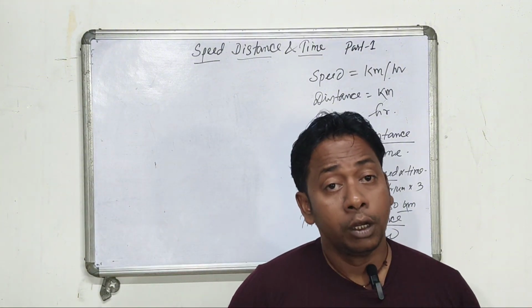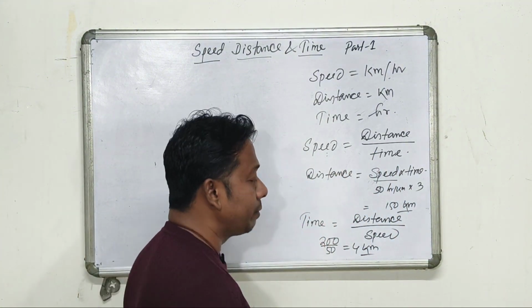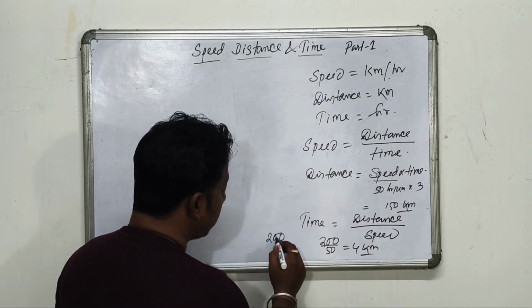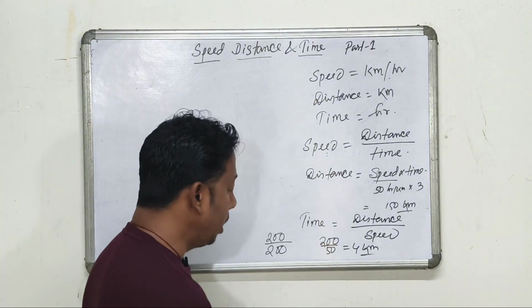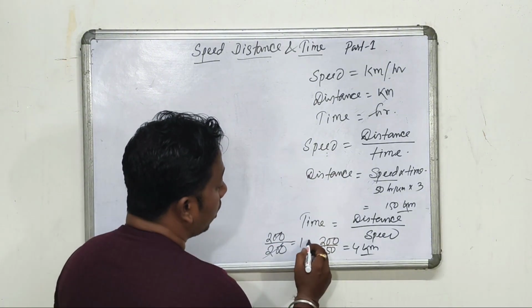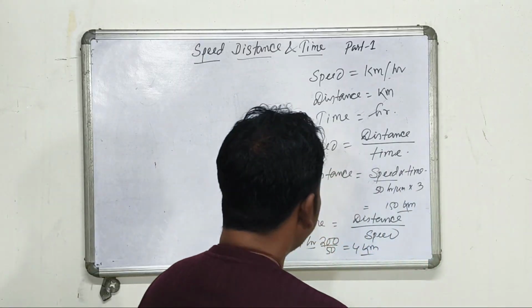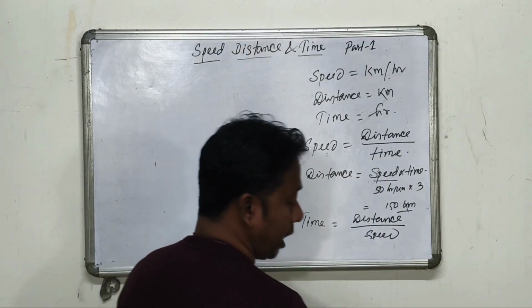The speed of the Ninja bike is 200 kilometer per hour. The total distance is 200, and using the Ninja bike at 200 kilometer per hour, it will take only 1 hour to reach Kolkata. Okay, clear? That is the basic formula of speed, distance and time.